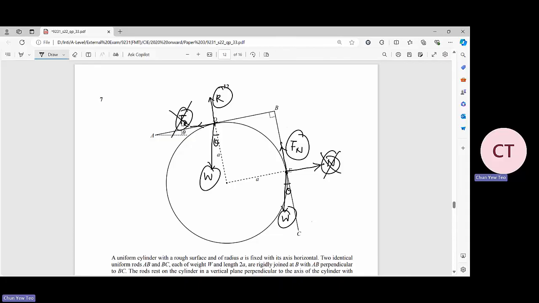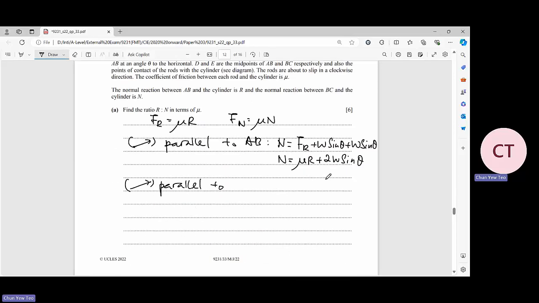So Fn plus R is equal to W cos theta plus W cos theta. So mu N plus R is equal to 2W cos theta.